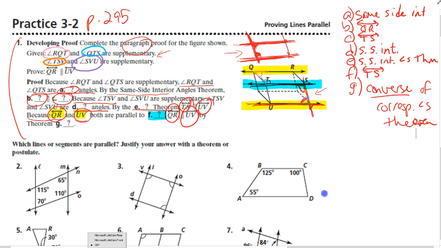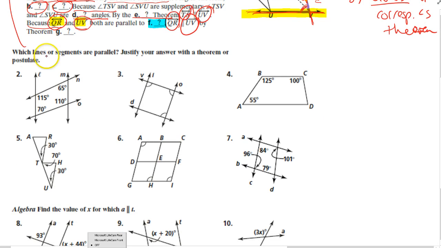Okay, let's move on. Which lines or segments are parallel? Well, let's see here. I know that 65 and 110 are same side interior angles, with this as the transversal and these as the things that could be the parallel lines.